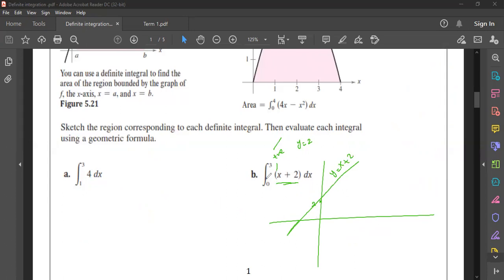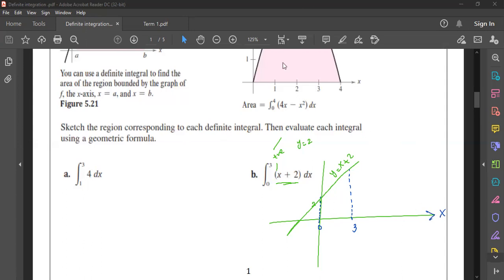I'd like to find the value of this definite integral from 0 to 3 of this function with respect to x. So I have to identify the two vertical lines because it will be the area of the region that we get. Okay, and look here, it is a different color. Here 0, that is the first vertical line. The second one at 3. So those are the vertical lines. Okay, that is the x-axis.